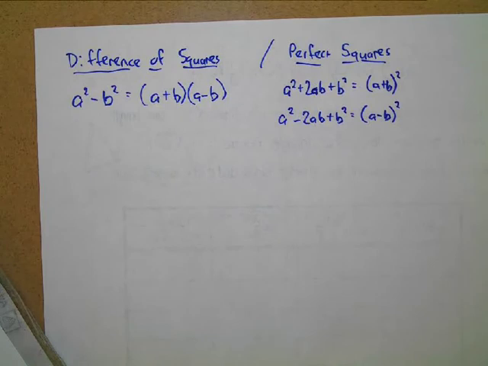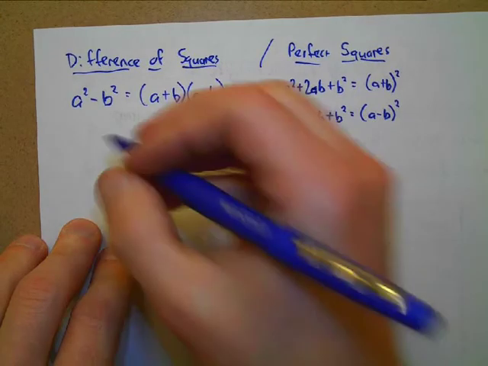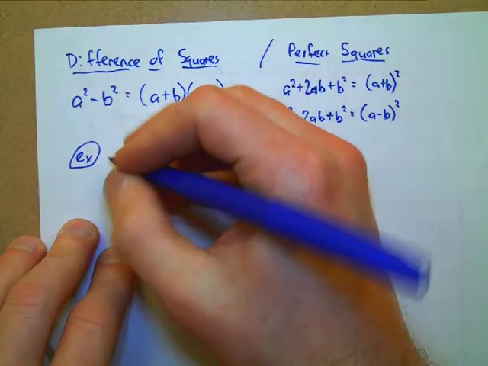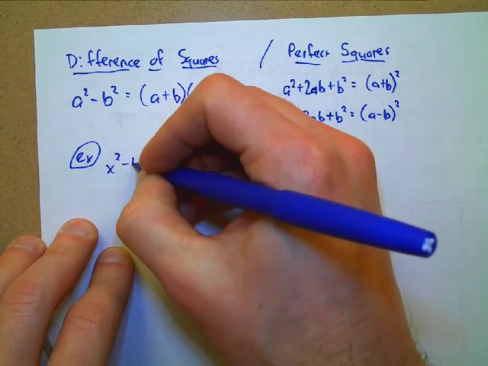But it is helpful to talk about these. So I'll just show you an example of each one here. Let's do x squared minus 49.